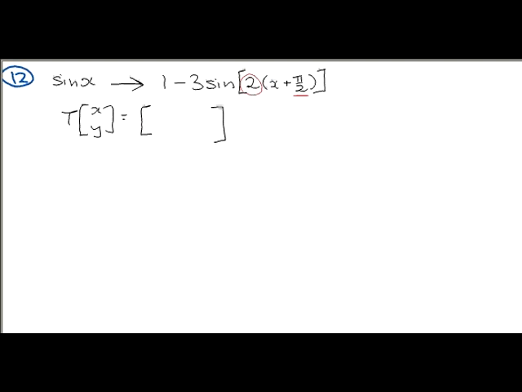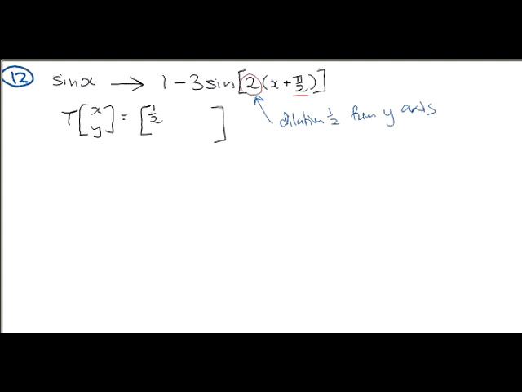First of all, top left is for dilation from the y-axis. That's dilation of half from the y-axis, right? We actually squashed it in closer because we increased the frequency. Good? So, half goes in here.